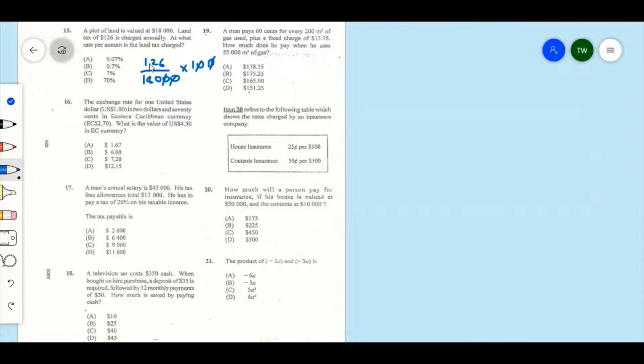So 126 divided by 180, that's going to result in 0.7%. So the answer for this question is going to be B.